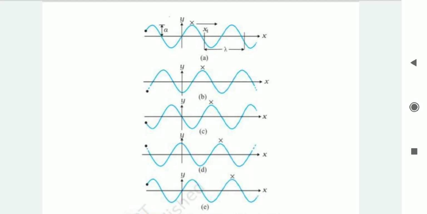Initially the dot is above the x-axis, and as the wave travels further, the dot moves below the x-axis, and then as the wave propagates further, the dot keeps shifting above and below the x-axis, which gives you the motion of that particular dot along the y direction. The dot is moving in the y direction continuously and the wave is propagating towards the positive x direction.